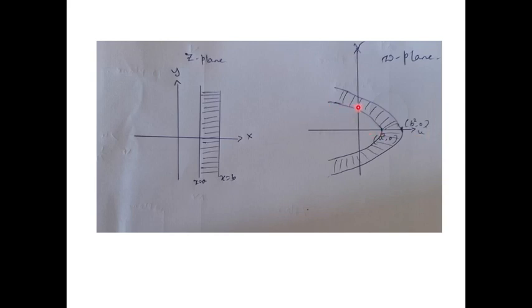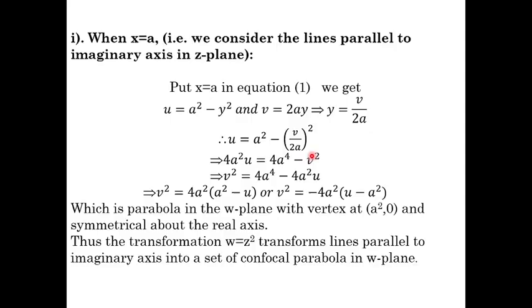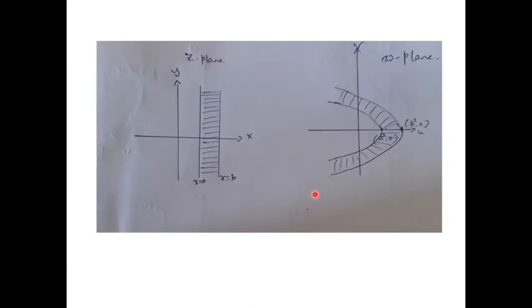It is symmetrical about the real axis. Here we have two directions, negative and positive, but here it is moving towards the negative axis because of the negative sign. Suppose it was positive, it would move towards the positive axis. Then for x = b, the line image will be here, where the vertex is (b², 0).